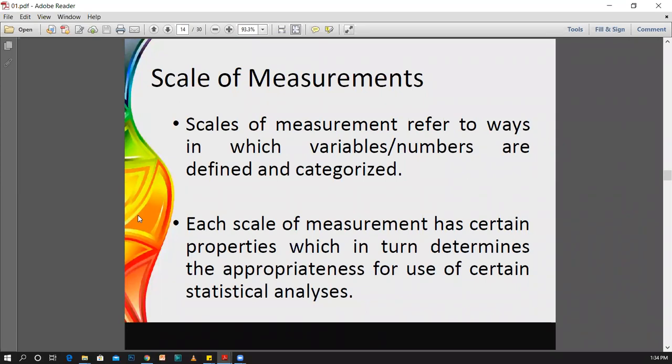Therefore, if you have numeric data, you can calculate the average. But if I take your names and try to take the average, can I do it?